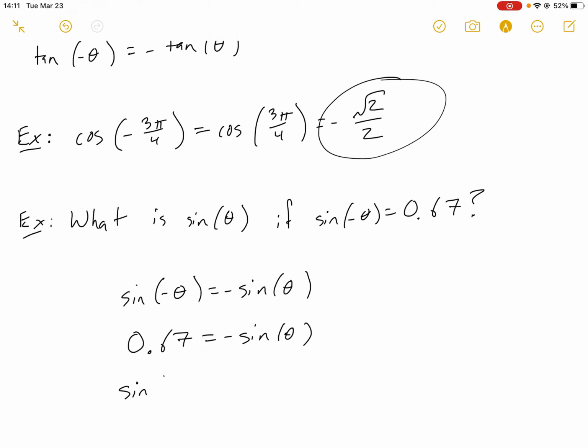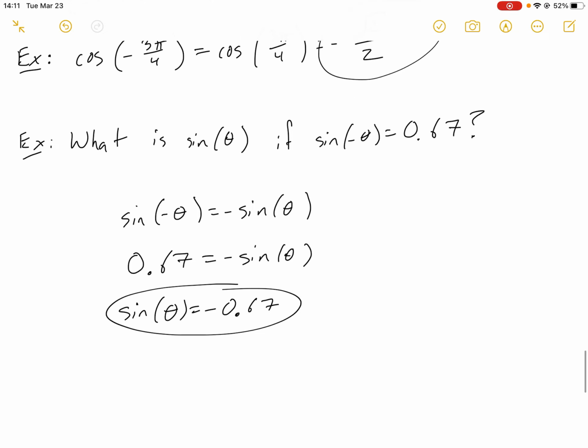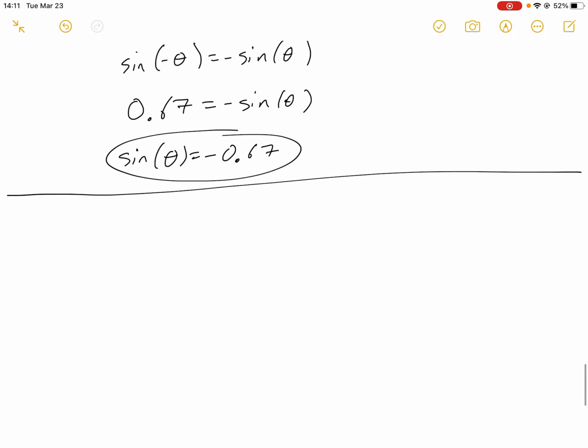And so this just tells you that sine of theta will be negative 0.67. And we'd be all set with that problem. Okay, so those are the even and odd functions.